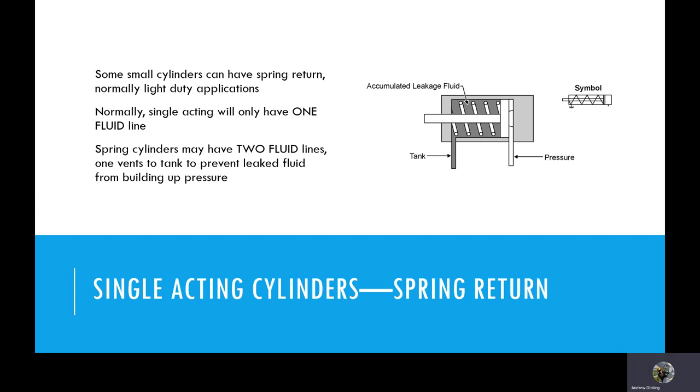Some small cylinders have spring returns, and you will notice there are a couple of short videos there of me using a hydraulic cylinder with a spring return unit bolted on to the end, to show you the difference in the force between two cylinders using the same flow and the same pressure, however different size diameters, and it will demonstrate that to you quite clearly.